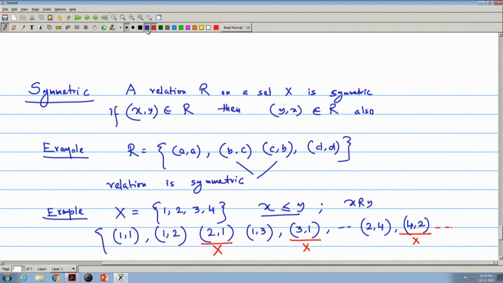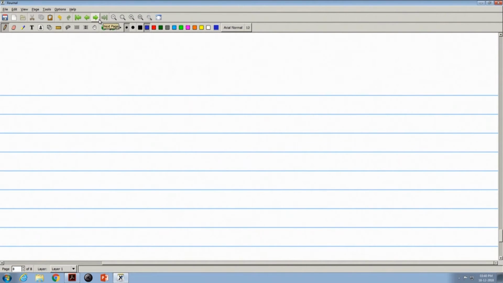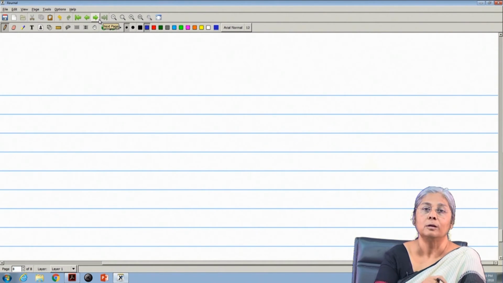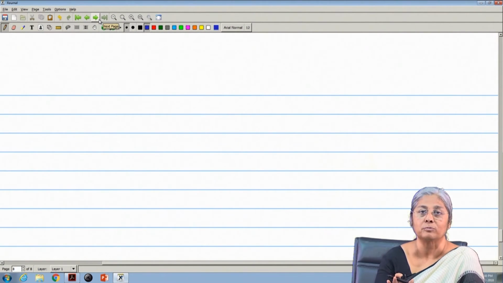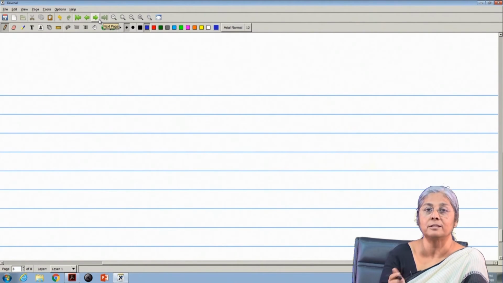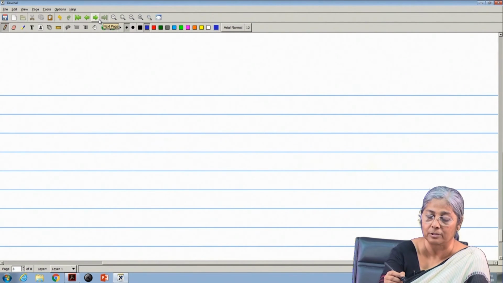So, this relation x less than equal to y is not symmetric. Similarly, our example of x divides y is also not symmetric, because if x divides y, then y divides x is never true. So, if x y is in the relation R, then y x cannot be in the relation R.